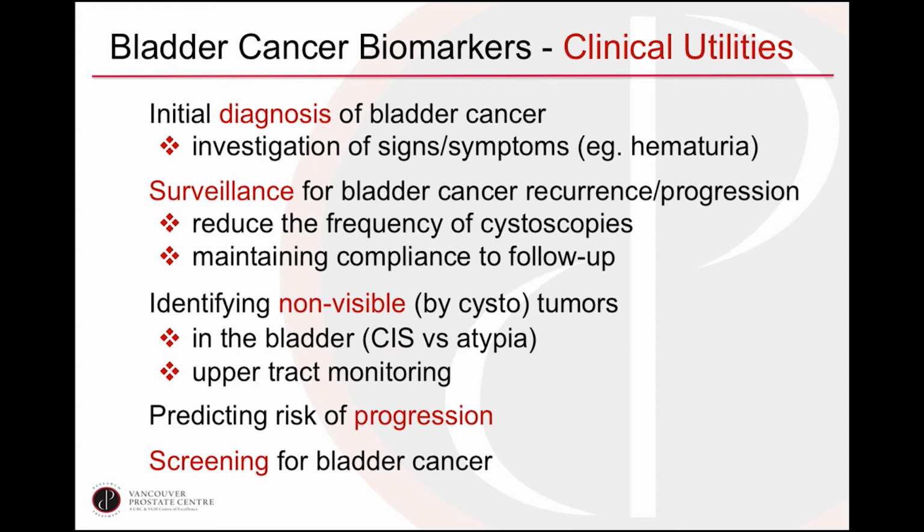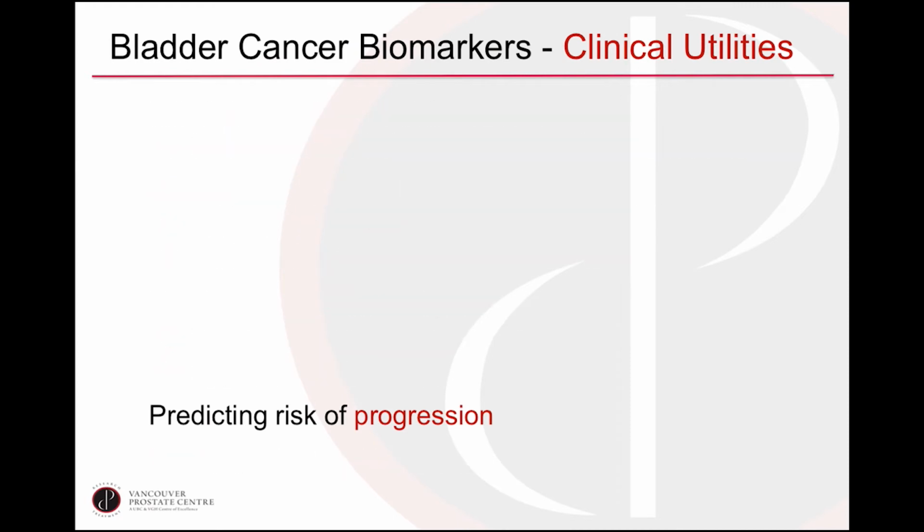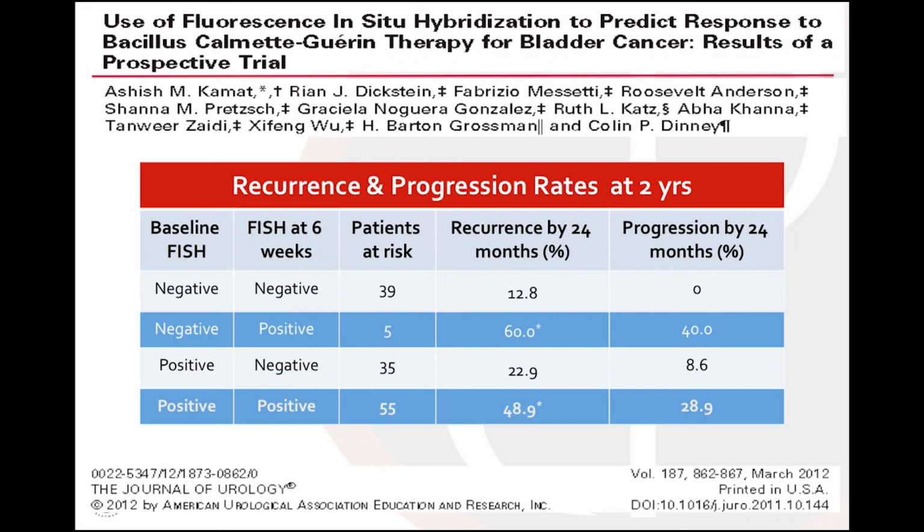So coming back to these clinical utilities, let's just look at tests for predicting progression and what we have there. One of the interesting new concepts is one that the group at MD Anderson has presented, where they've looked at FISH, the UroVysion test, in patients getting BCG for high-risk disease.